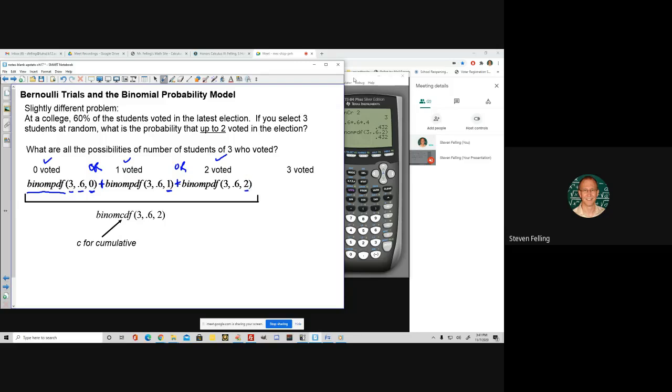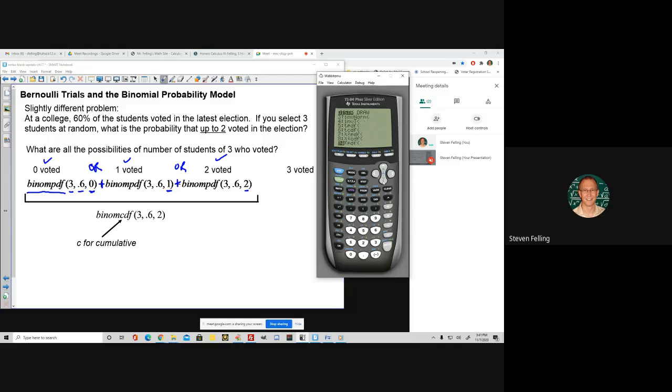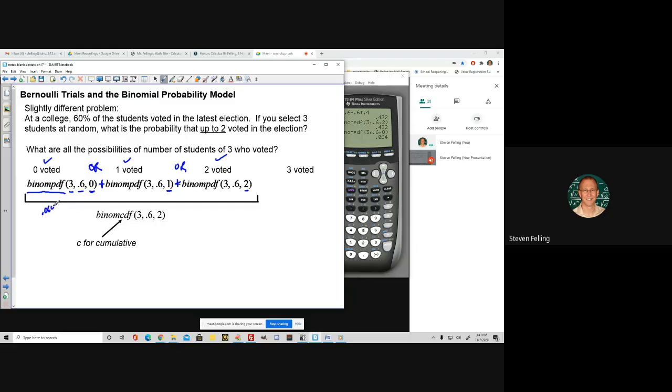In fact, let's do that. So if I went second variables, binomial PDF, okay, out of 3 students, 60% chance of voting, 0, right? That turns out to be, this probability is 0.064. And then if I add to that the same thing, actually I'm going to do this a little faster.